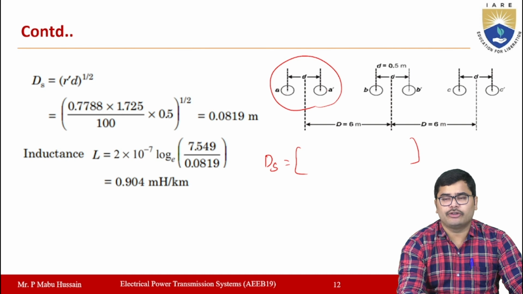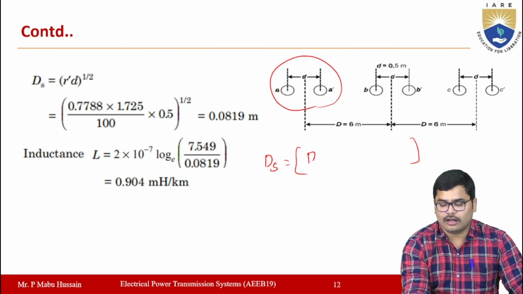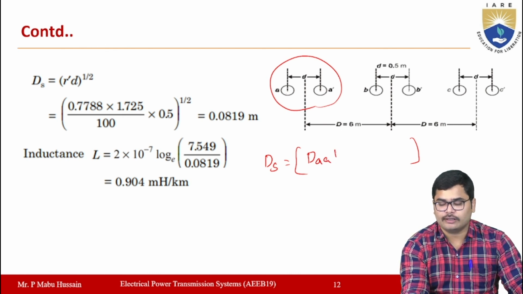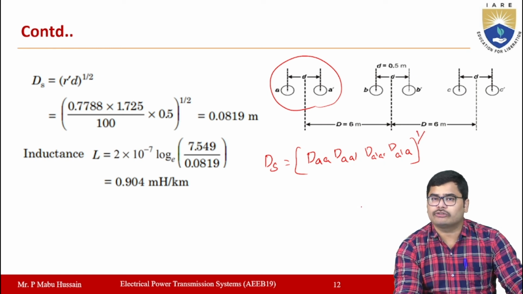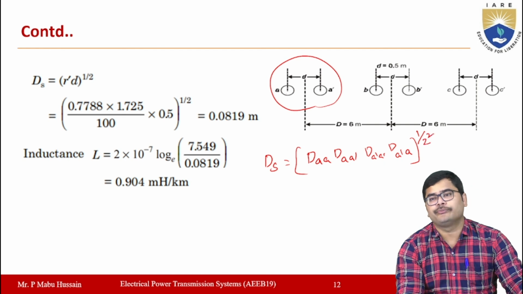So conductors A and A dash you are having in phase A, and all possible products of distances will be DAA, then DAA dash, then DA dash A dash, then DA dash A, whole to the power of 1 by, so how many conductors you are having, whole square you have to take, as here 2 are there, so 2 square you have to take.